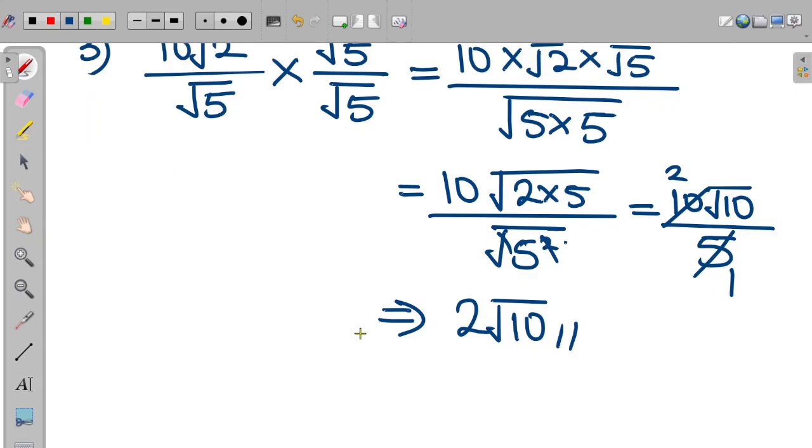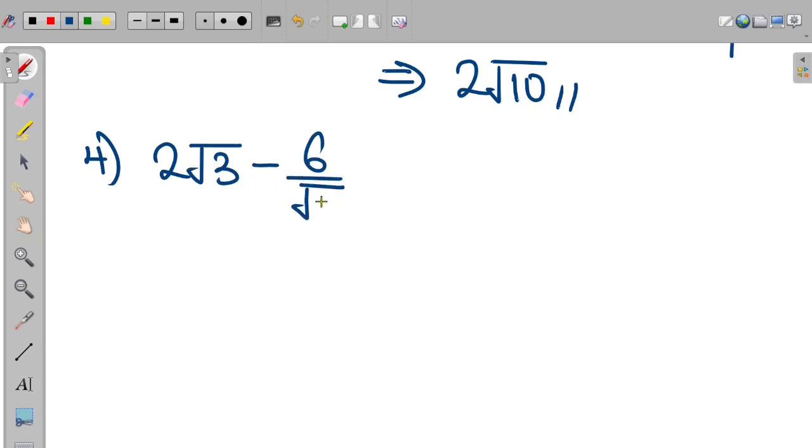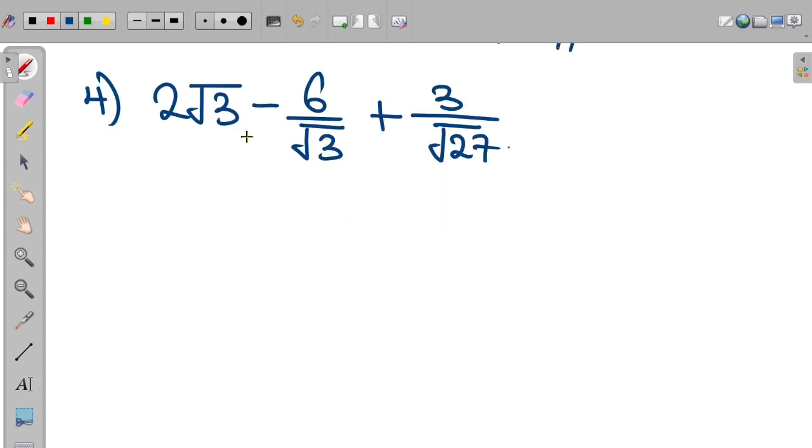Let us simplify the last question, which is question 4. We have 2 multiplied by root 3 minus 6 divided by root 3 plus 3 divided by root 27. To simplify this, we are going to rationalize each of the denominators.